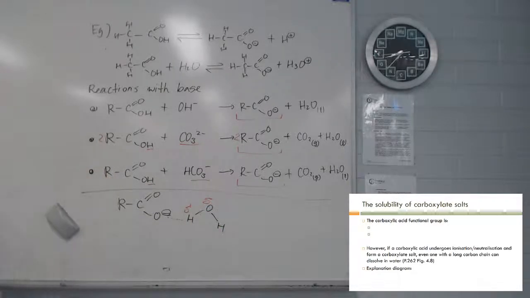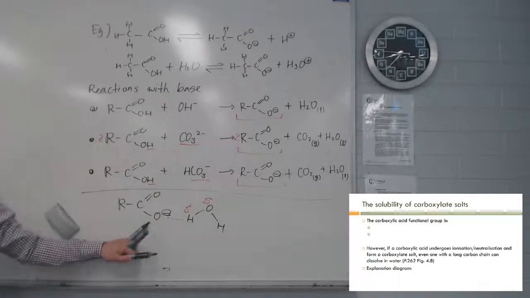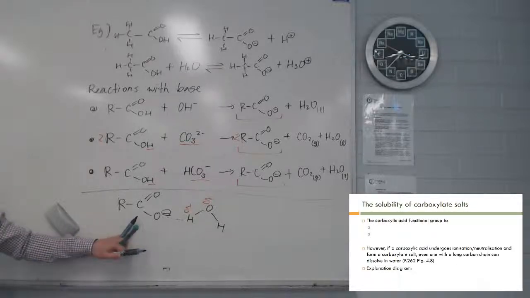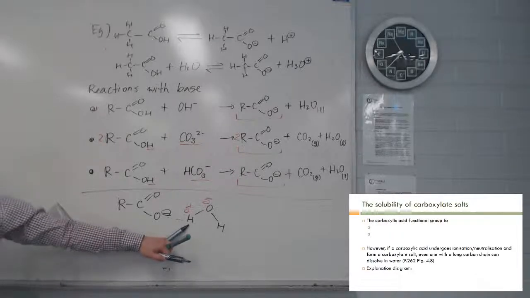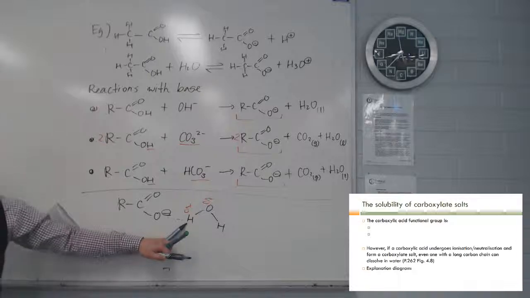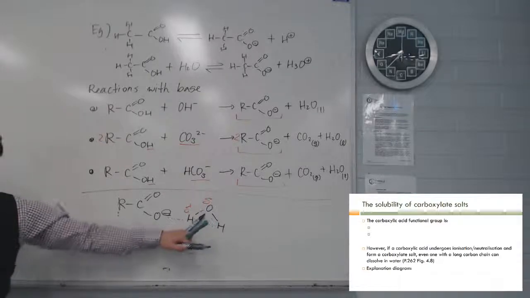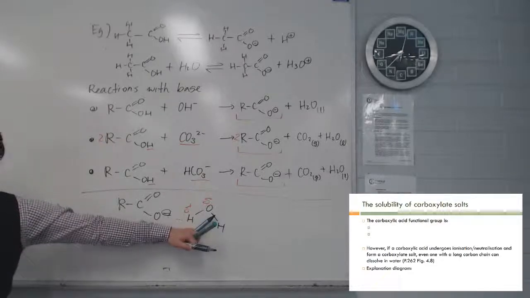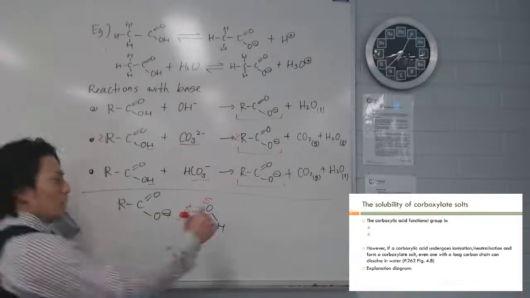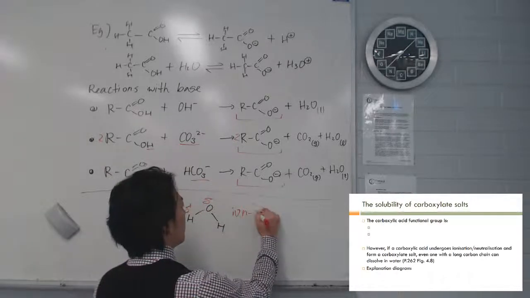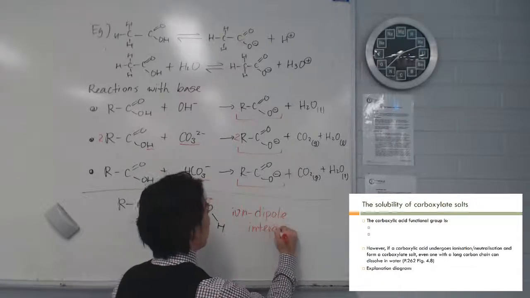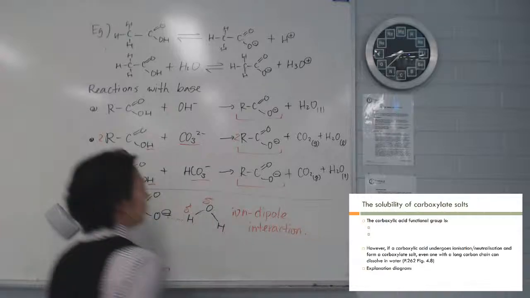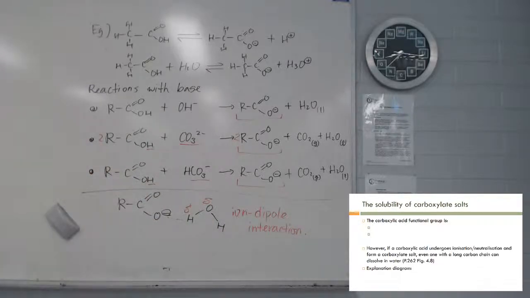Good. So if the salt was created, it will have a negatively charged oxygen part. Now that side can interact with partially positively charged hydrogen in water. But this is a dipole. What's this interaction called again? Ion dipole interaction. So draw that diagram there.